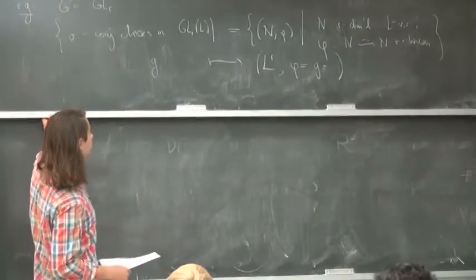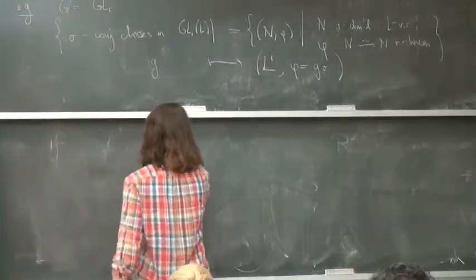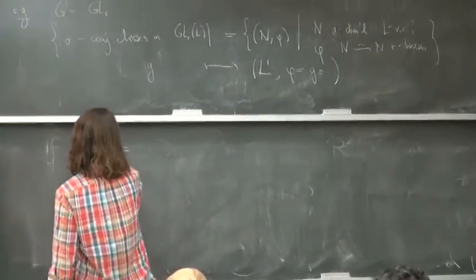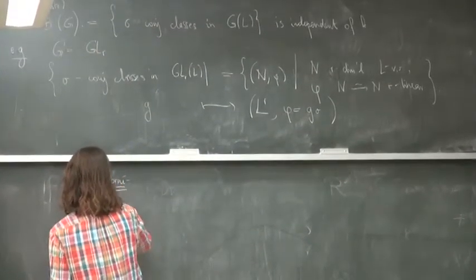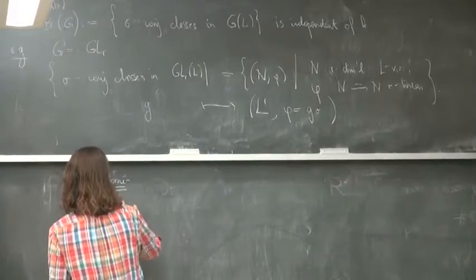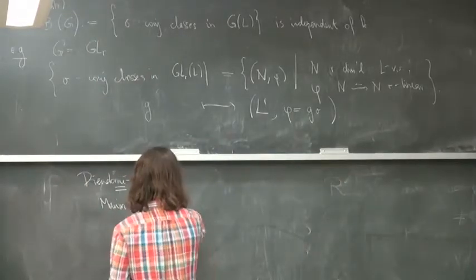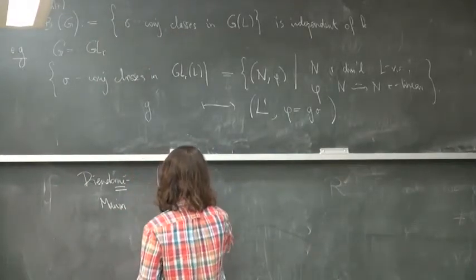And this is classified by Dieudonné-Manin, which classifies such objects for an algebraically closed field, and they are just given by their slopes.